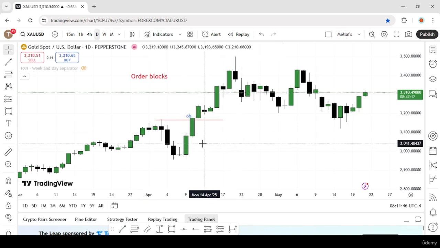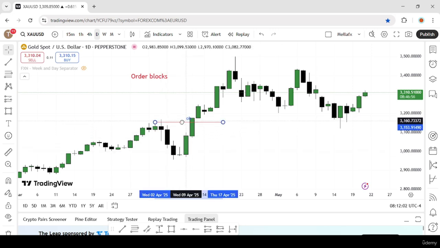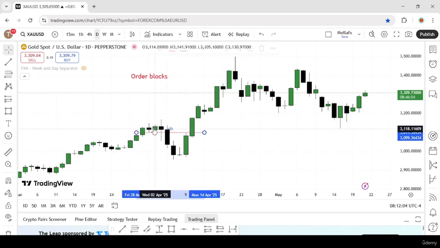So sometimes in a price structure we have three levels of an order block, depending on that specific price structure or market structure. And sometimes we may have just one. So for example, here we had this green candle, which is this up close candle, which was traded below by this down close candle.